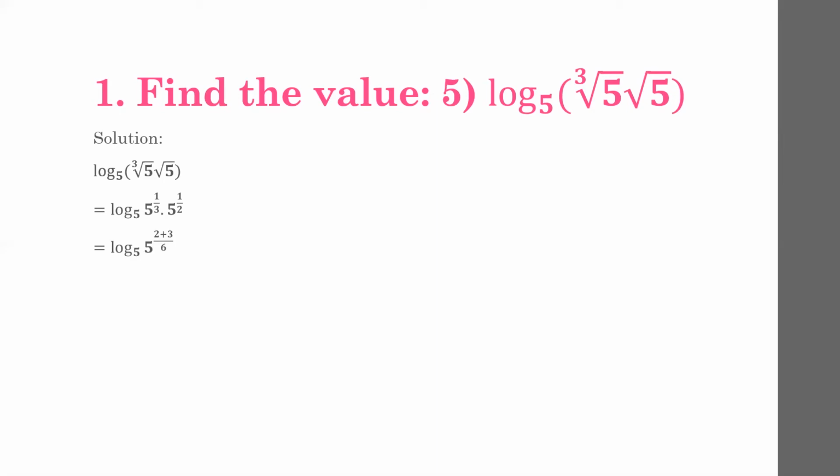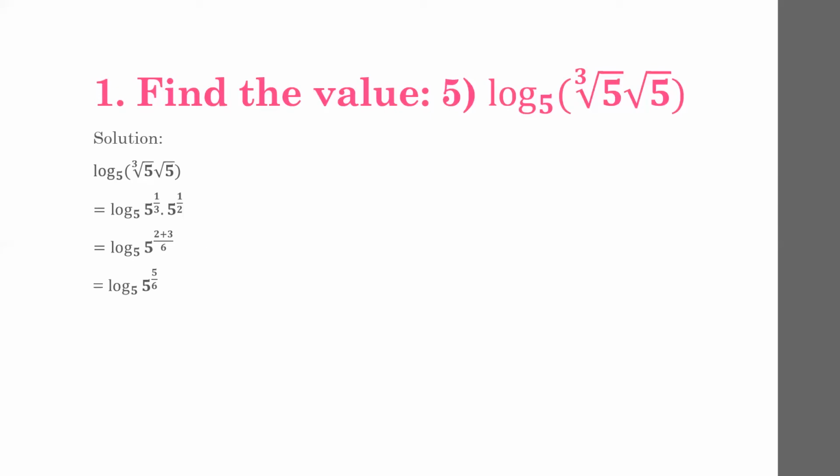So doing that, we will have log 5 base 5 to the power, and adding 1 by 3 plus 1 by 2, we need to do some LCM to add the fractions. So doing that, we will have 2 plus 3 divided by 6. So adding them, we will have log 5 base 5 to the power 5 by 6.